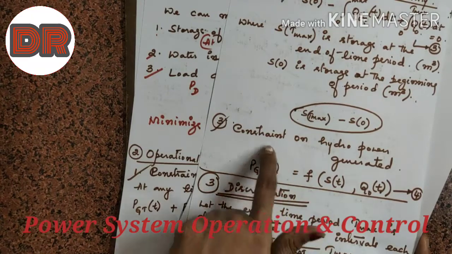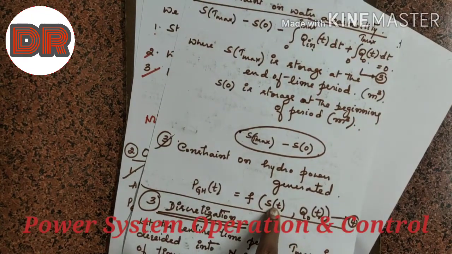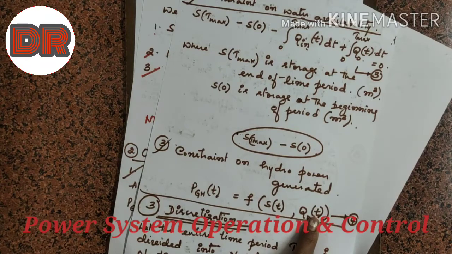We know that the hydropower generated is a function of water volume in the reservoir, or water storage in the reservoir, and the water discharge.